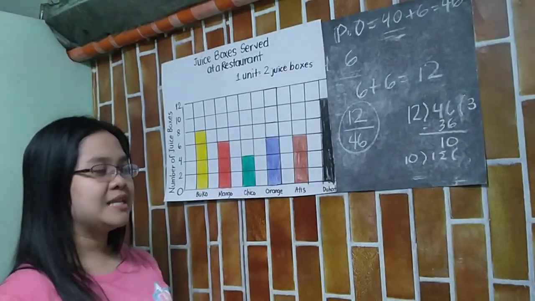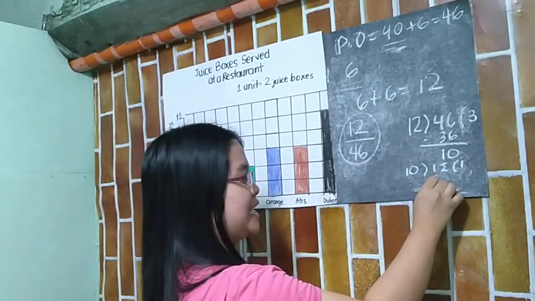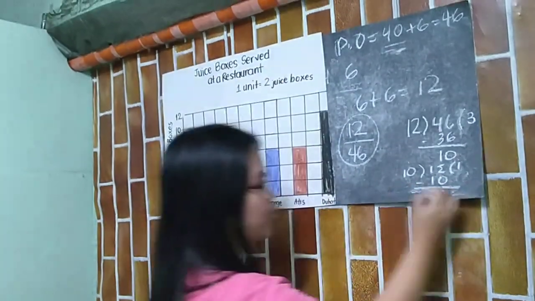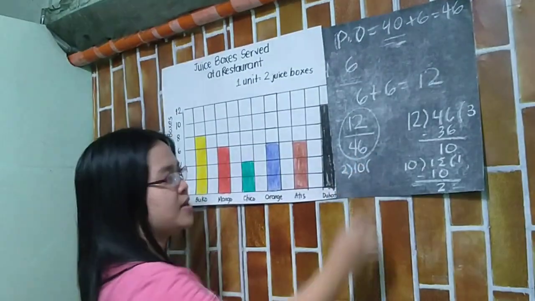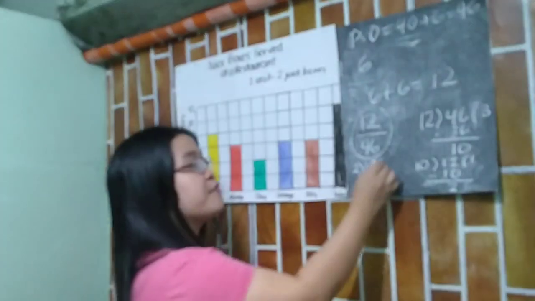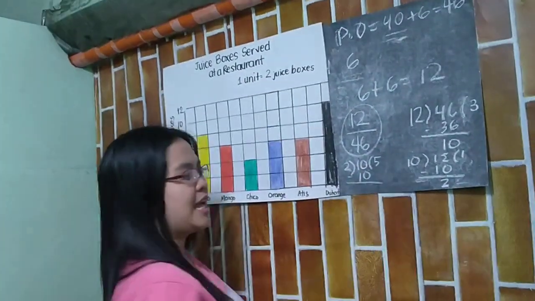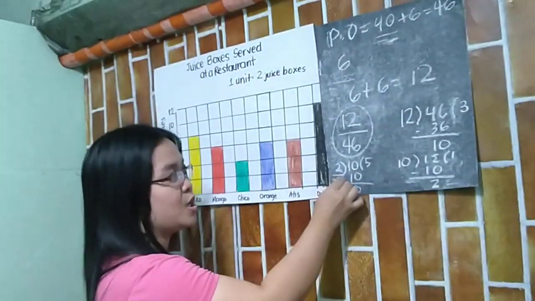How many 10s are there in 12? 1. So 1 times 10 is 10. 12 minus 10 is 2. So 2 and then 10. How many 2s are there in 10? 5. 5 times 2, that will be 10. 10 minus 10 is 0. So the last divisor used is 2.